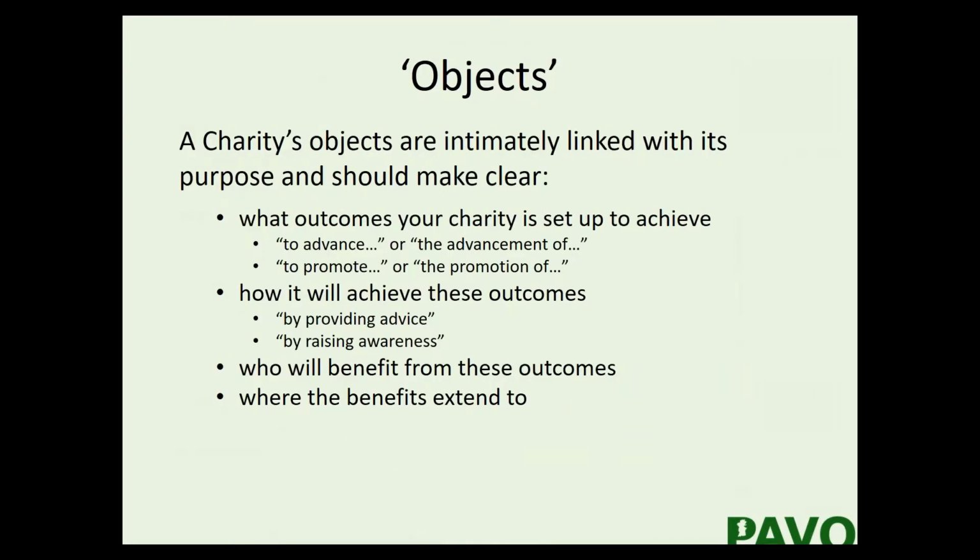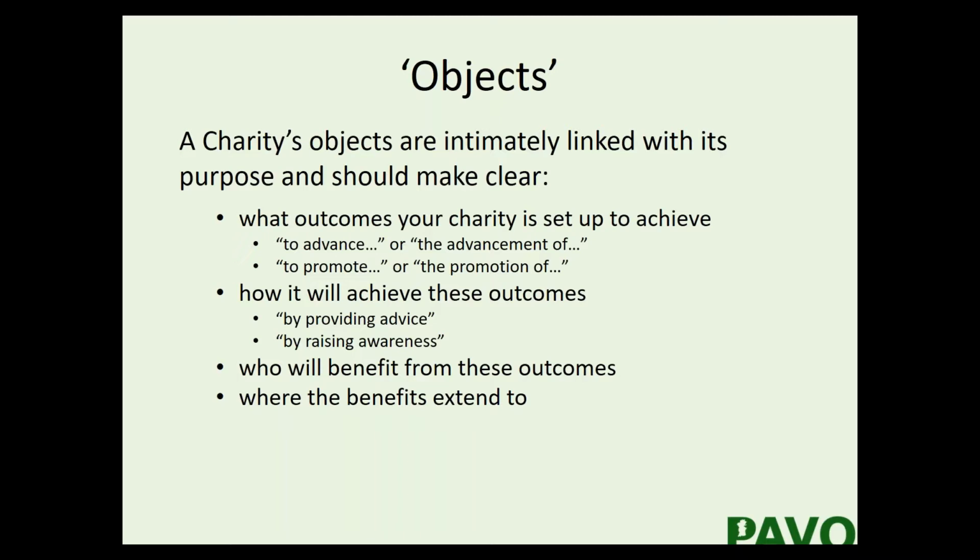So I mentioned objects previously. A charity's objects are, to a certain extent, their purposes. They are clearly linked with purposes, but they are written in a certain way that should make clear what outcomes your charity is being set up to achieve. It's to advance, or to promote: the advancement of, the promotion of.